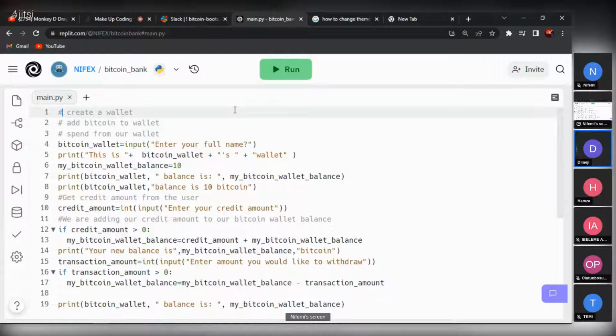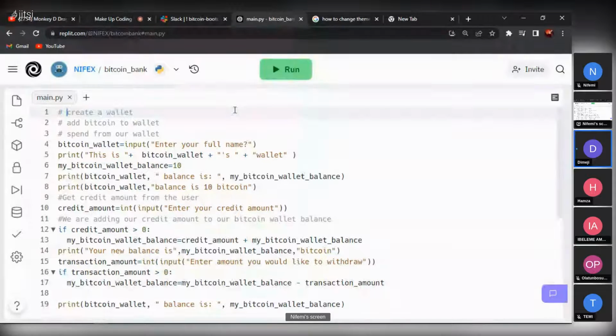So, Amarachuku, line 5 and line 7, what are they doing? In line 5, she said that it's the amount, also the person's name. Then in line 4, the Bitcoin wallet is now Amarachuku. Yes, sir.